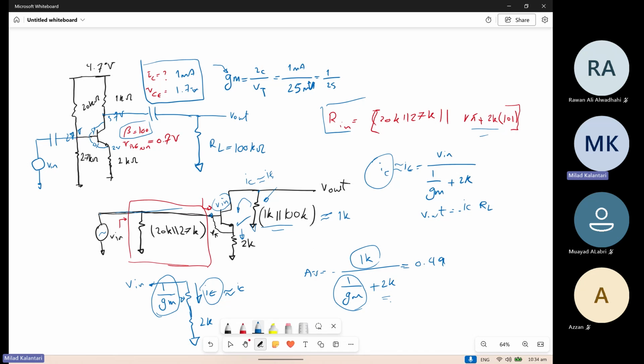We add some capacitor, right, to short circuit the 2 kilo ohm for the AC signal. And then if you do so, what will be the gain?